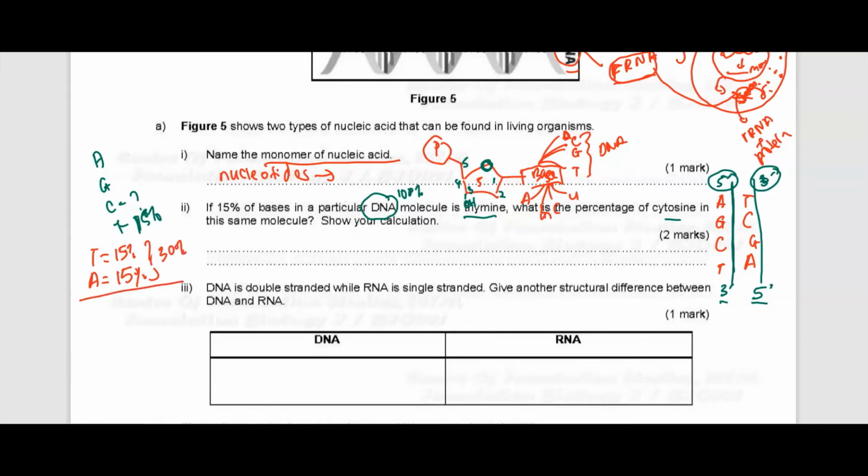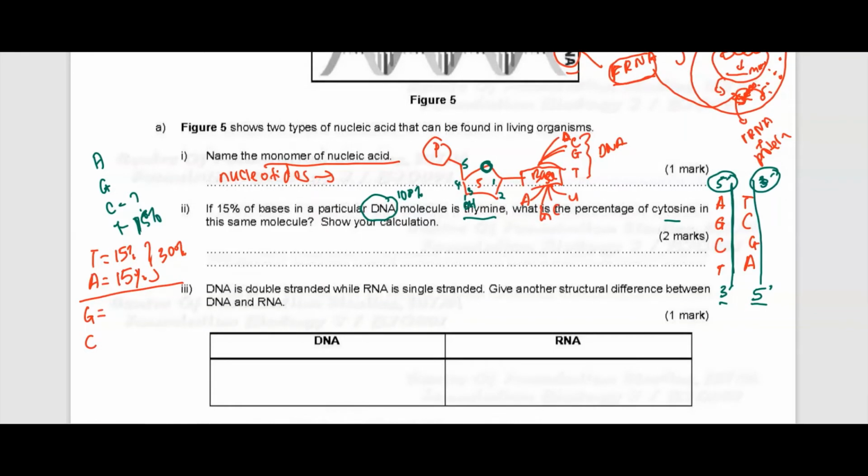To get the percentage for guanine and cytosine will be the rest of the 70%, the rest of what is left. So for both guanine and cytosine, you have to divide 70 by 2.